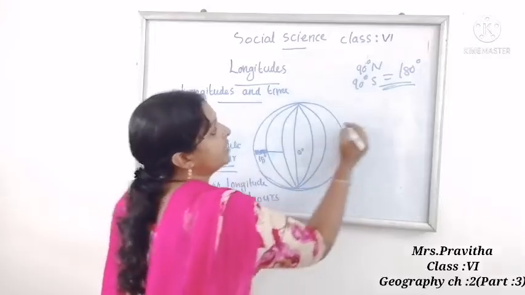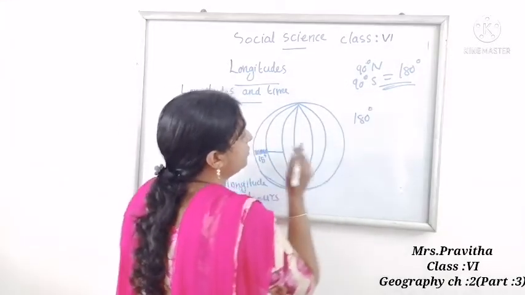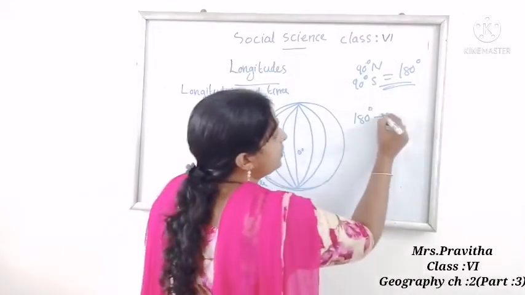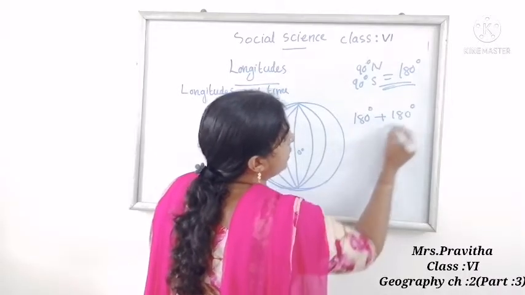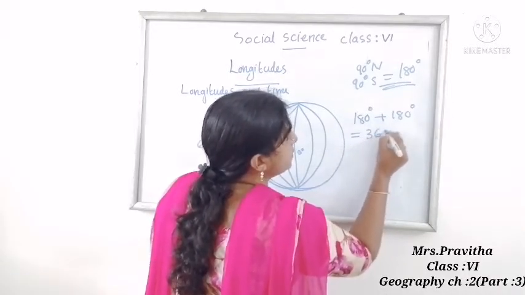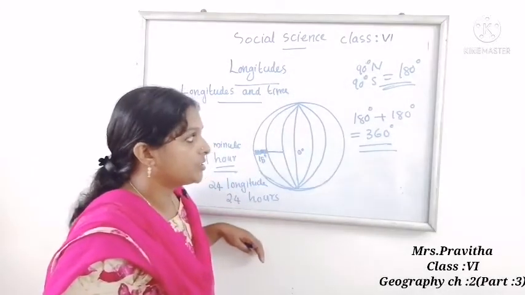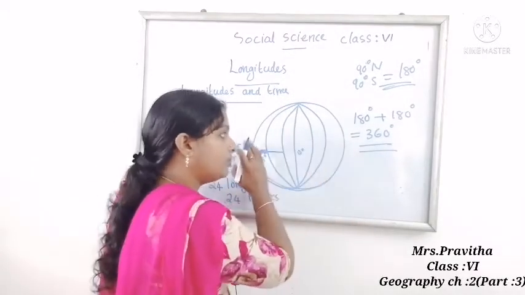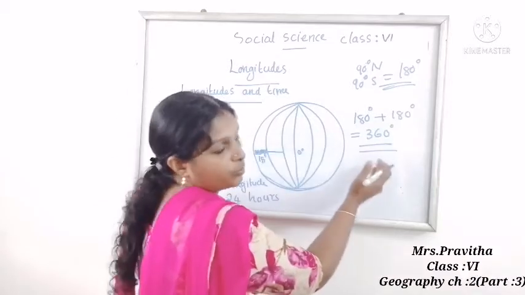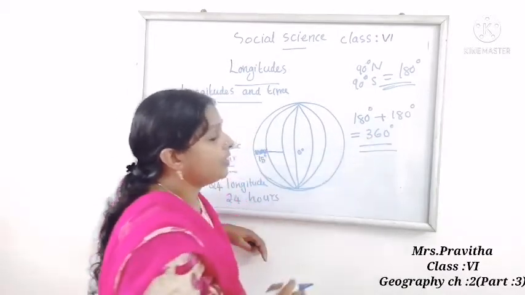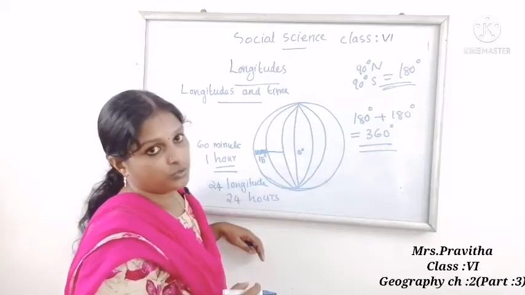One side is 180 degrees, another side 180 degrees, so a total of 360 degrees of longitudes are there.